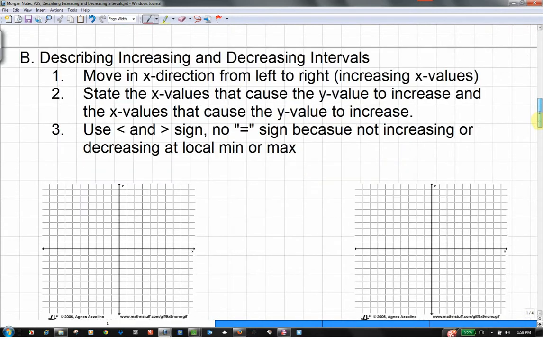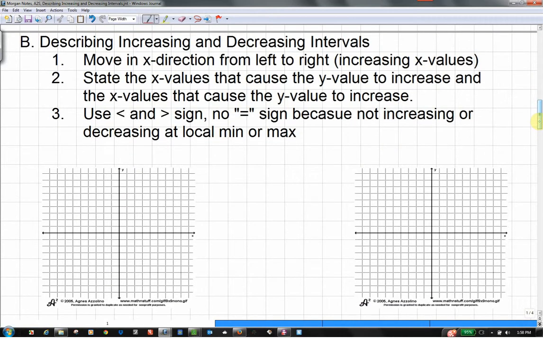Okay, so let me just draw a curve up here. Not a good one.